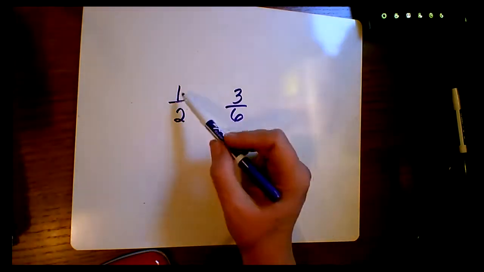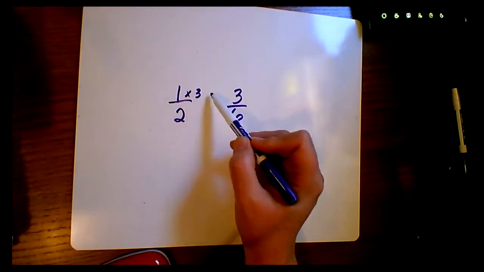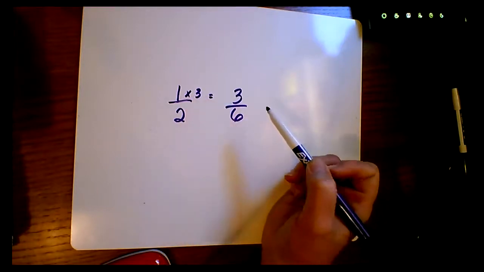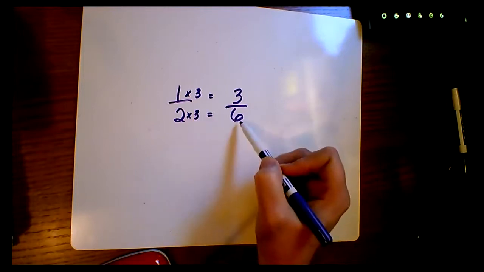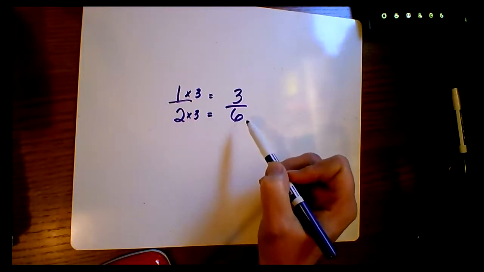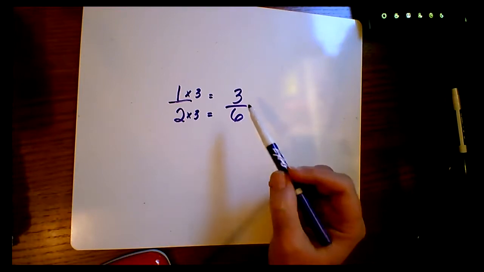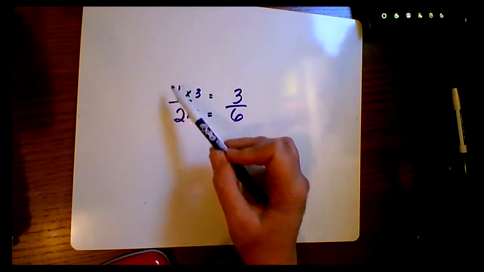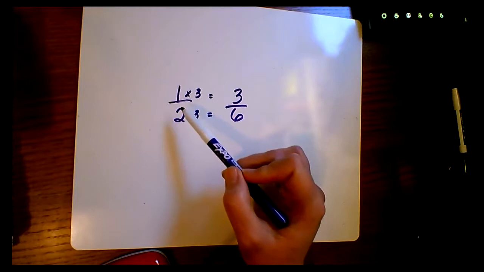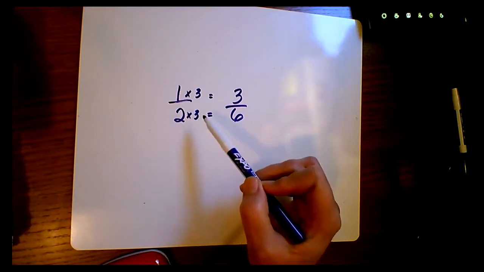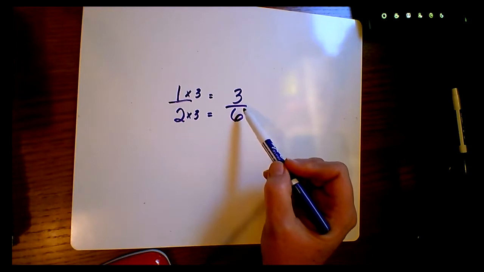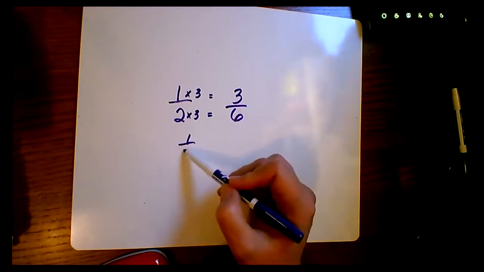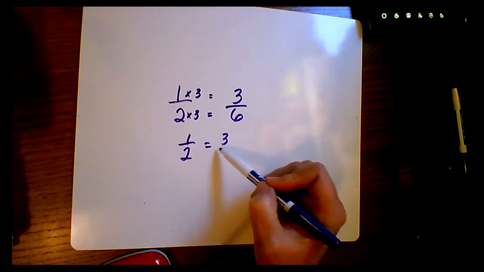Well, they can see that 1 times 3 equals 3, right? So then 2 times 3 equals 6. So as long as both the numerator and the denominator are multiplied by the same number, the new fraction will always be equivalent. So 1/2 does equal 3/6.